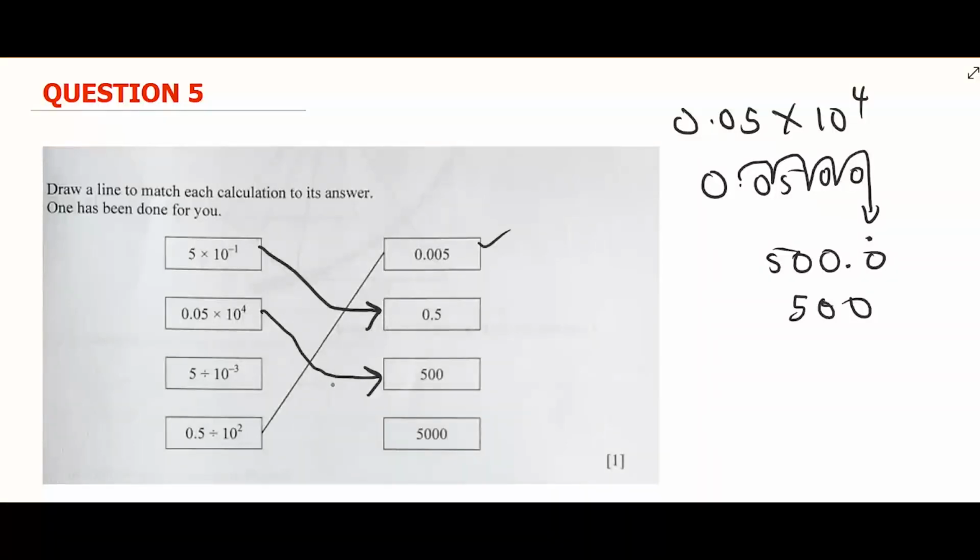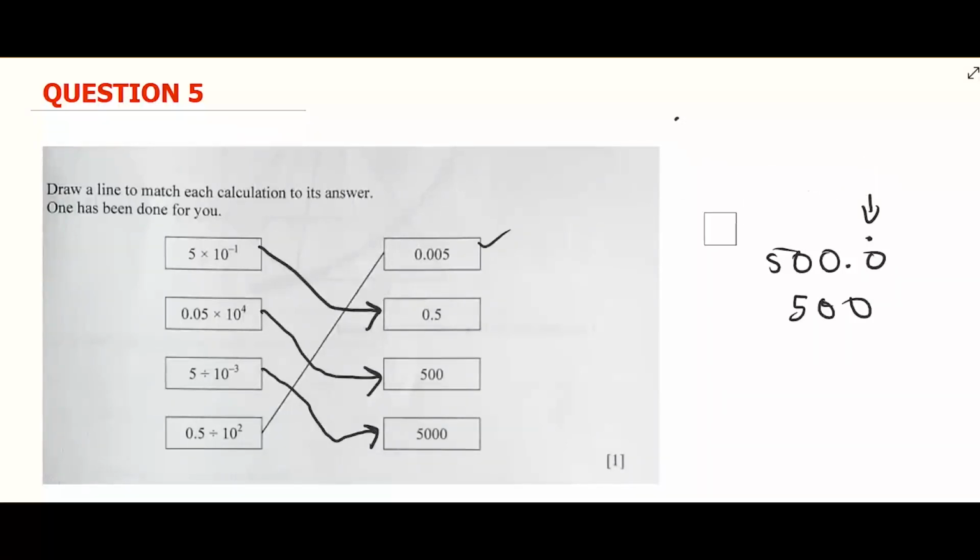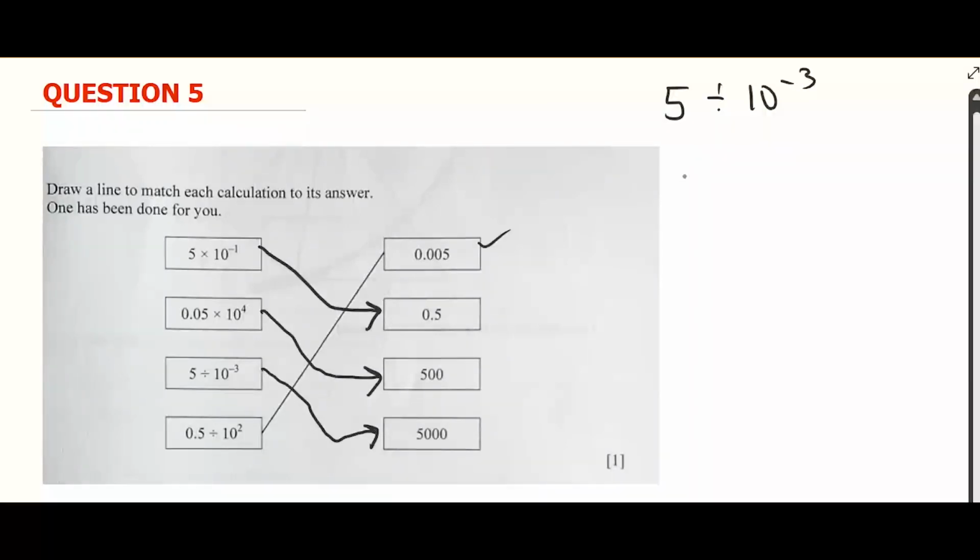Then of course the last one should go to this one by default, because that's the only thing you have left. You can do that to save your time, but we can still confirm our answer. So you have 5 divided by 10 to the power of 3. This is the same thing as 5 divided by 1 over 10 to the power of 3.